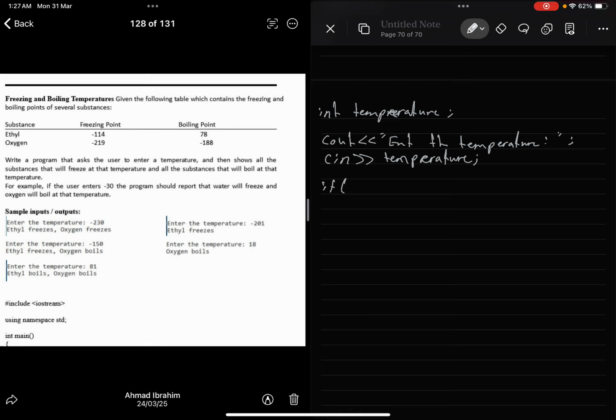Here we have if. So first, if temperature is less than or equal negative 290, that means cout ethyl freezes, and oxygen freezes.